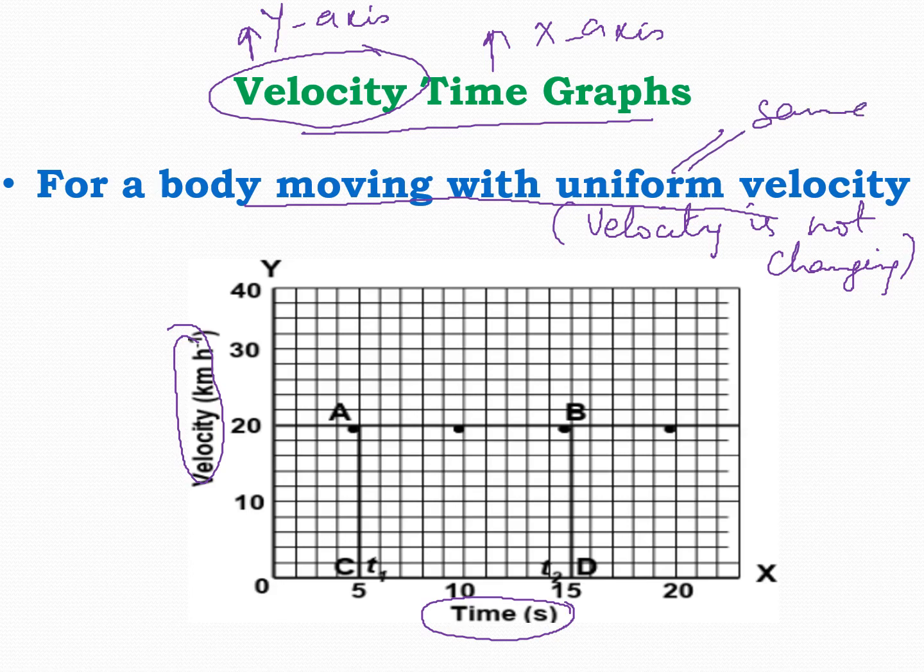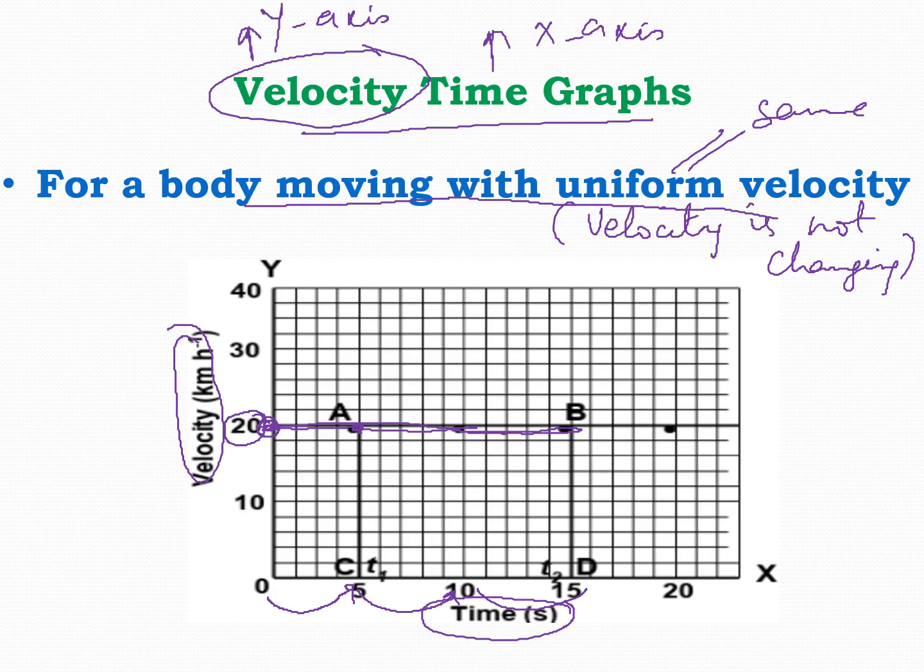So look at the graph here. From 0 to 5 seconds, what is the velocity? The velocity of the body is 20 km per hour only, isn't it? When the time changed from 5 to 10, then also the velocity is what? Velocity is 20 only. When the time changed to 15, then also the velocity is 20 only.